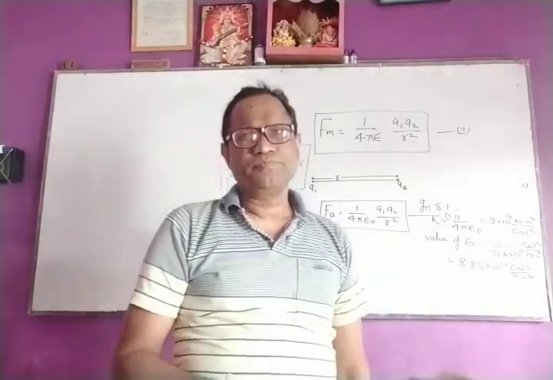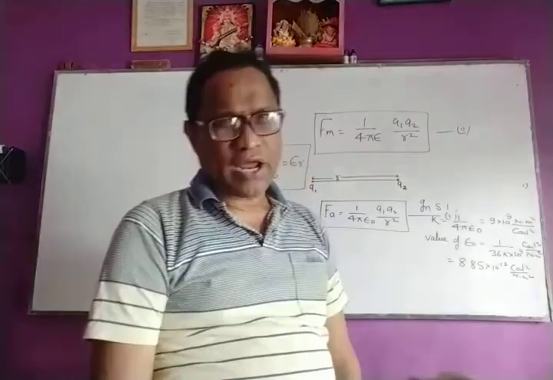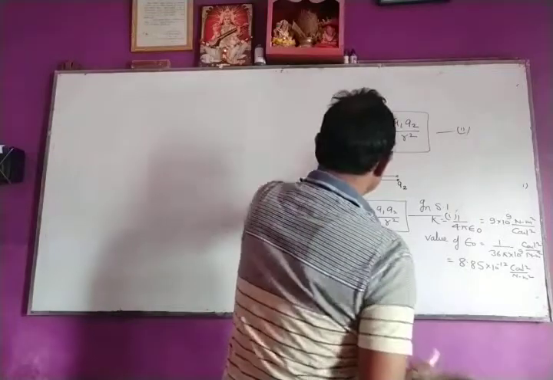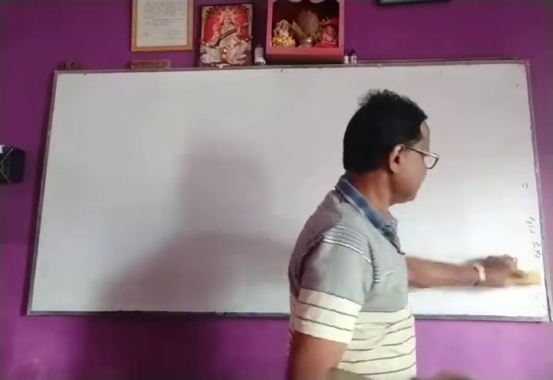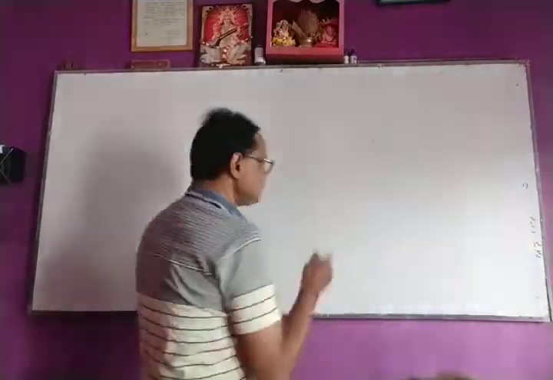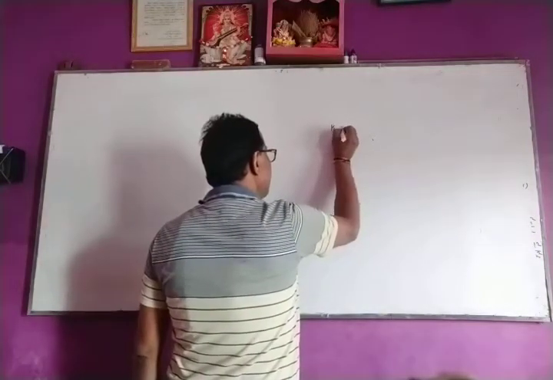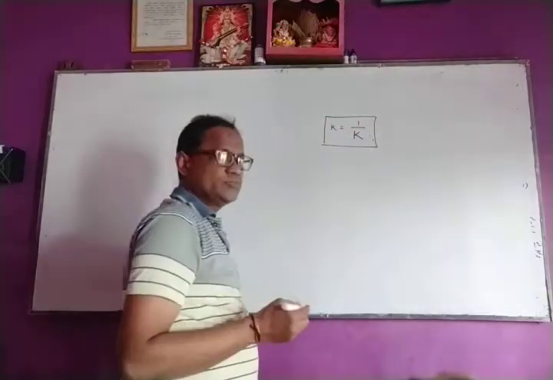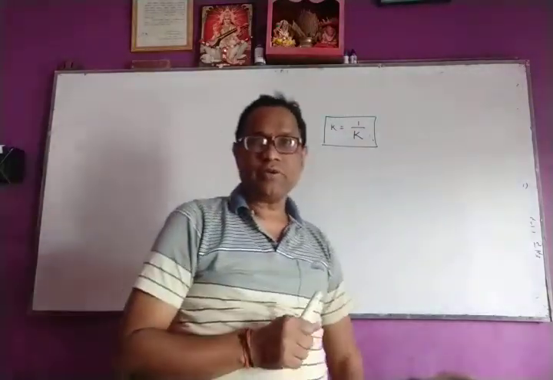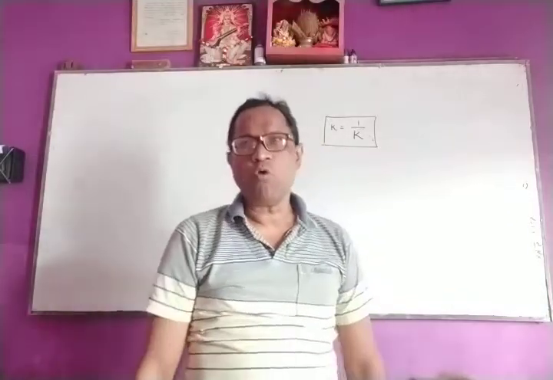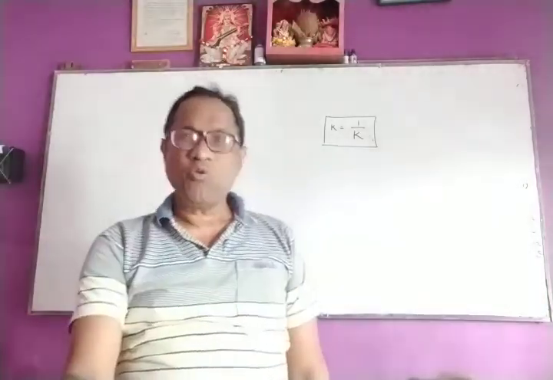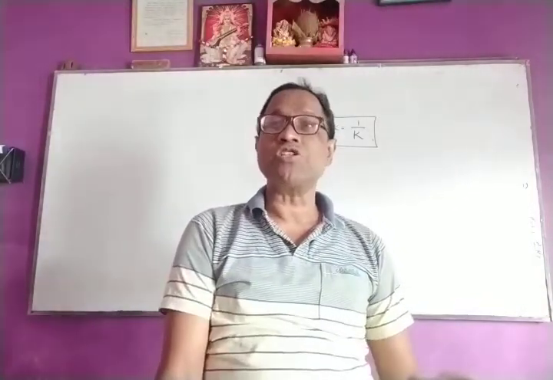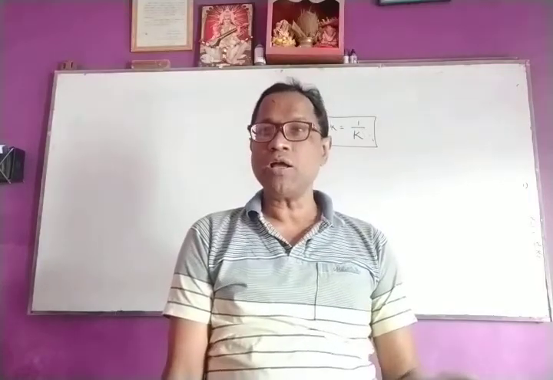We can also write small k is equal to 1 by capital K. Coulomb's constant is also represented by 1 by capital K, where capital K is the dielectric constant of the medium, that is, the constant of the medium.